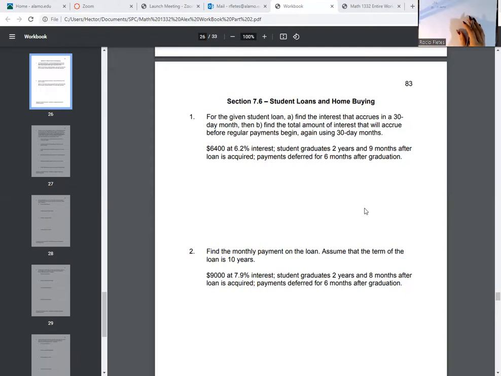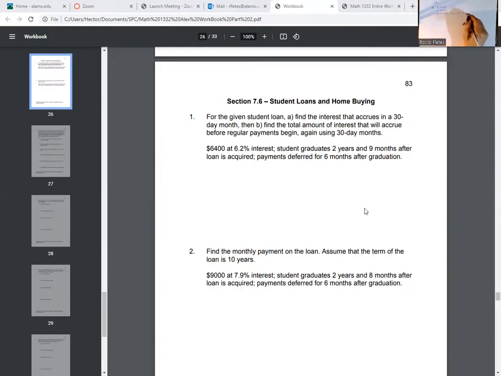And that's the principal. And the interest rate is 6.2%. And the student graduates 2 years and 9 months after the loan is acquired. So graduation is 2 years and 9 months.